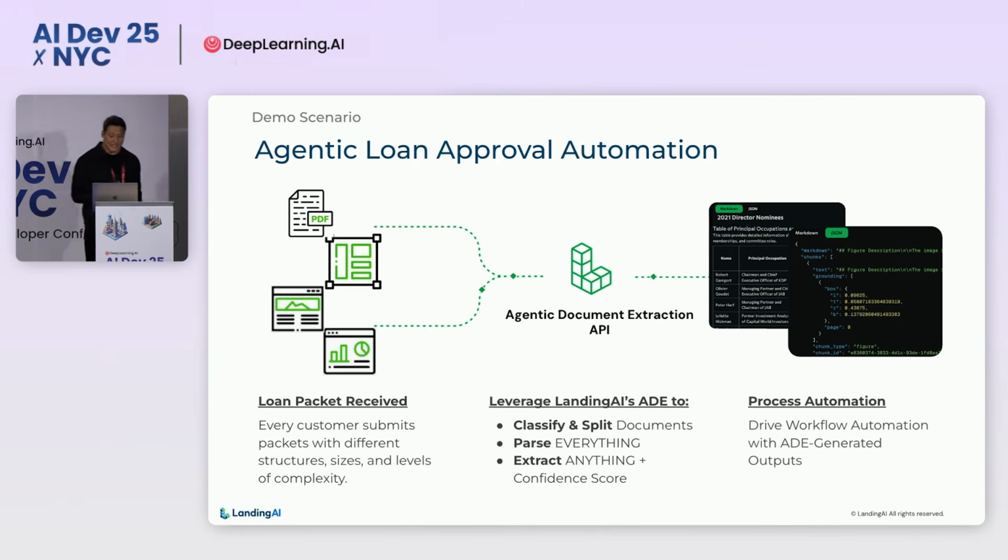So what this means is that we are extracting the right information from the right document at the right time with layout grounding, giving you full traceability and auditability, tying the source back to the original document, which is essential for compliance and other regulatory requirements. So from there, agentic workflows can automatically validate income, check document completeness.